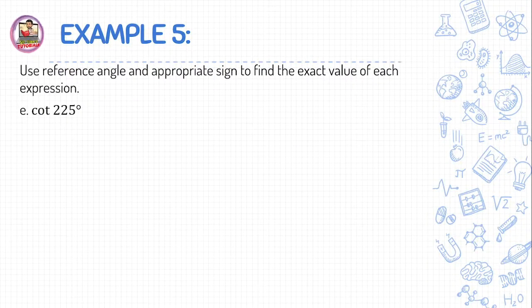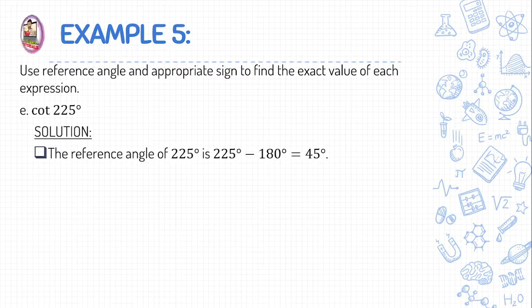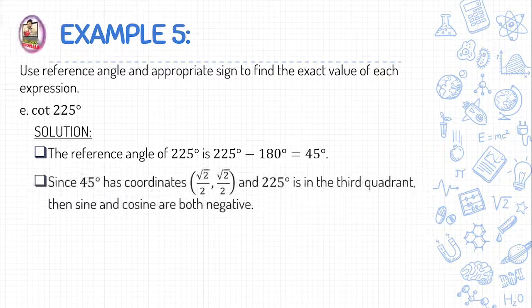For the last item, cotangent 225 degrees. So our solution, the reference angle of 225 is 45 degrees. Since 45 degrees has coordinates square root of 2 all over 2 and square root of 2 all over 2, and 225 degrees is in the third quadrant, then sine and cosine are both negative.